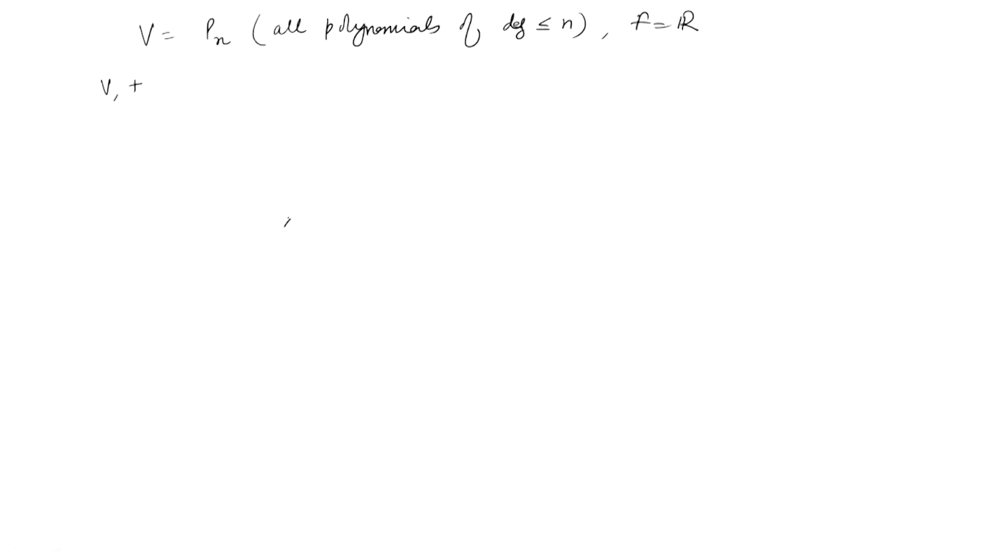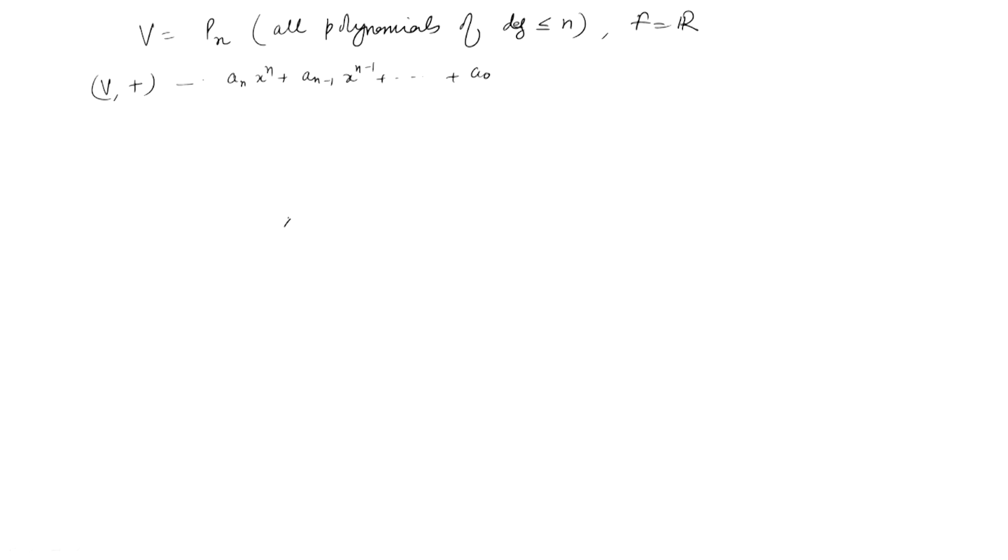You can simply see that, first, V with respect to plus must be an abelian group. In order to show that (V, plus) is an abelian group, the first property is closure, that means plus is a binary operation. That is simple to show. You take a_n x^n plus a_(n-1) x^(n-1) and so on up to a_0.